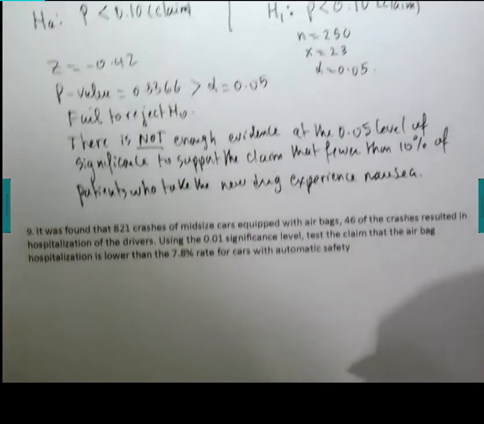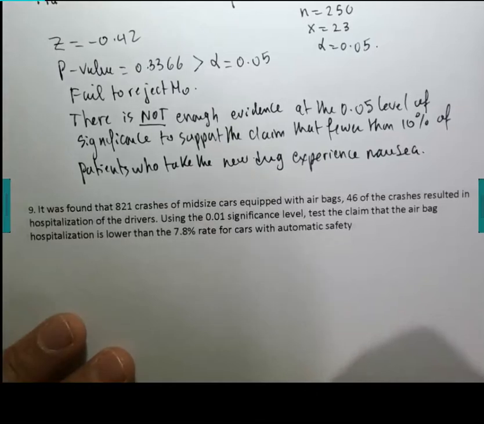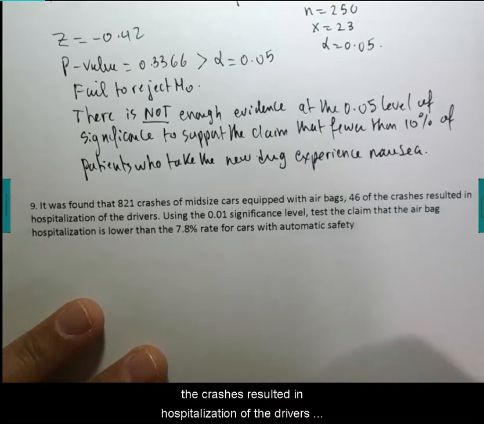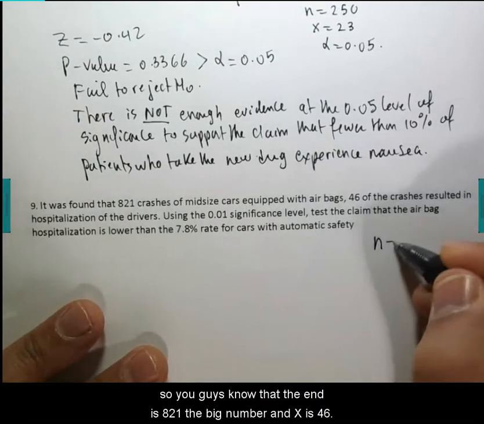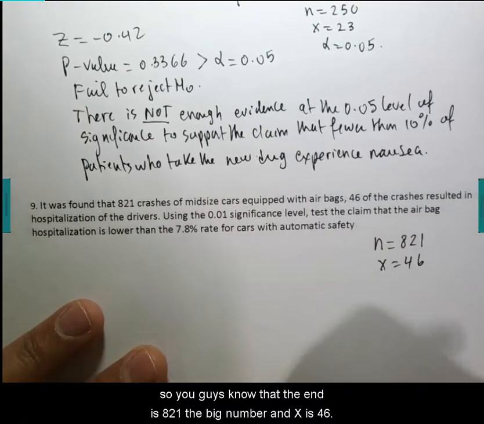Next one, number 9. It was found that in 821 crashes of mid-sized cars equipped with airbags, 46 of the crashes resulted in hospitalization of the drivers. So you guys know that n is 821, the big number, and x is 46.